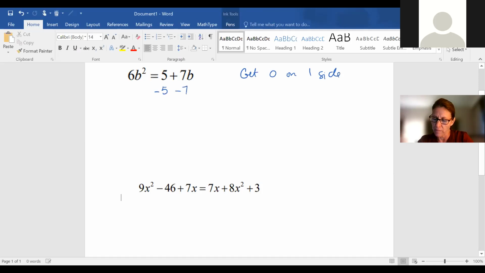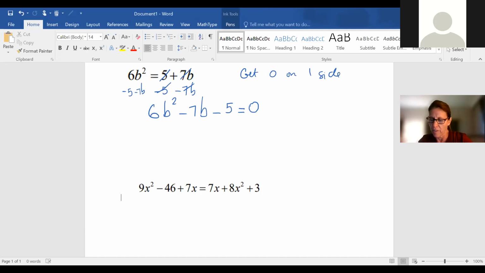So we get 6b squared minus 7b minus 5 equals 0. Exactly. We write 6b squared minus 7b minus 5 in that order, because that order is simpler, right?